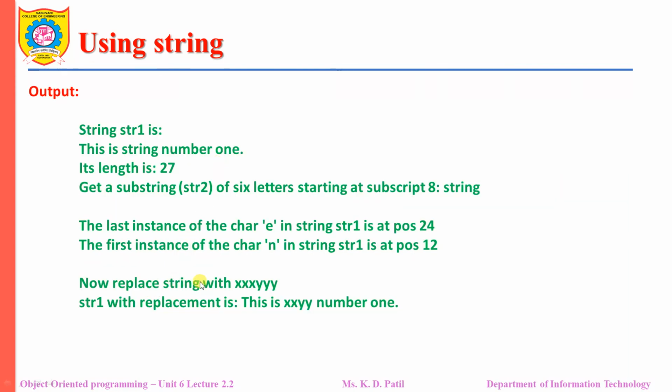Then I wanted to replace the string with xxyy. By mistake it is written here as xxxyy, but I wanted to replace with xxyy, so that string can be replaced with xxyy.